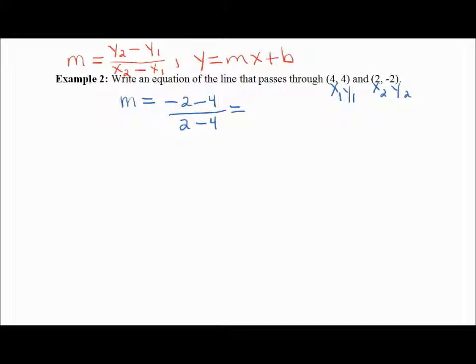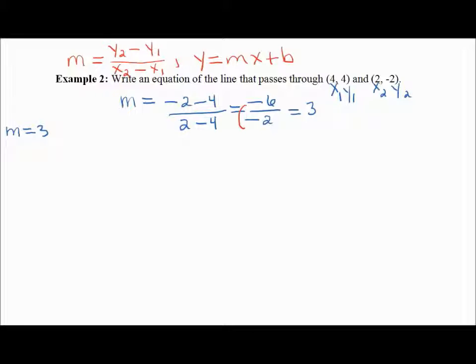For my numerator, negative 2 minus 4 gives me negative 6. And for my denominator, 2 minus 4 gives me negative 2. Okay, I can reduce that. A negative divided by a negative, negative 6 divided by negative 2, I know that's going to be positive, and 6 divided by 2 is 3, so that means that my slope is positive 3. Okay, so let me write that down over here.